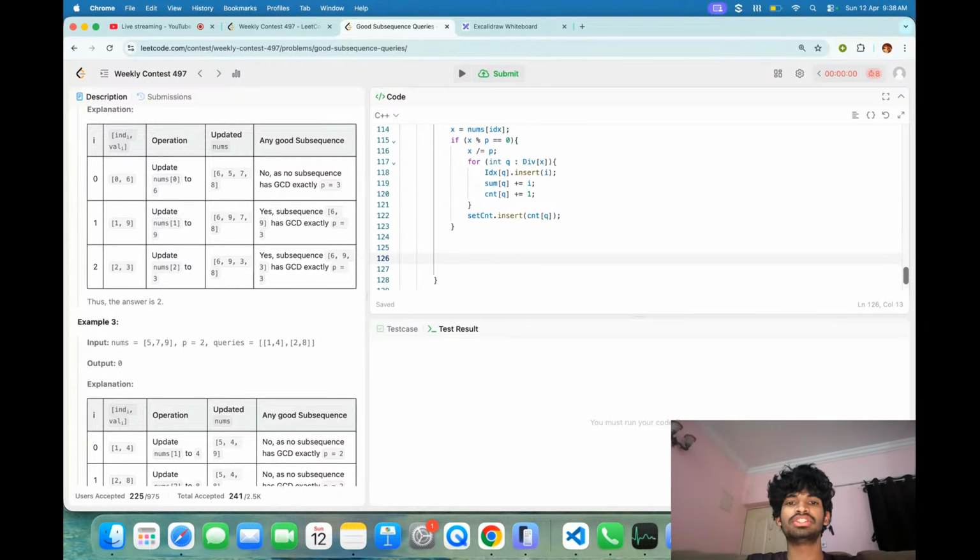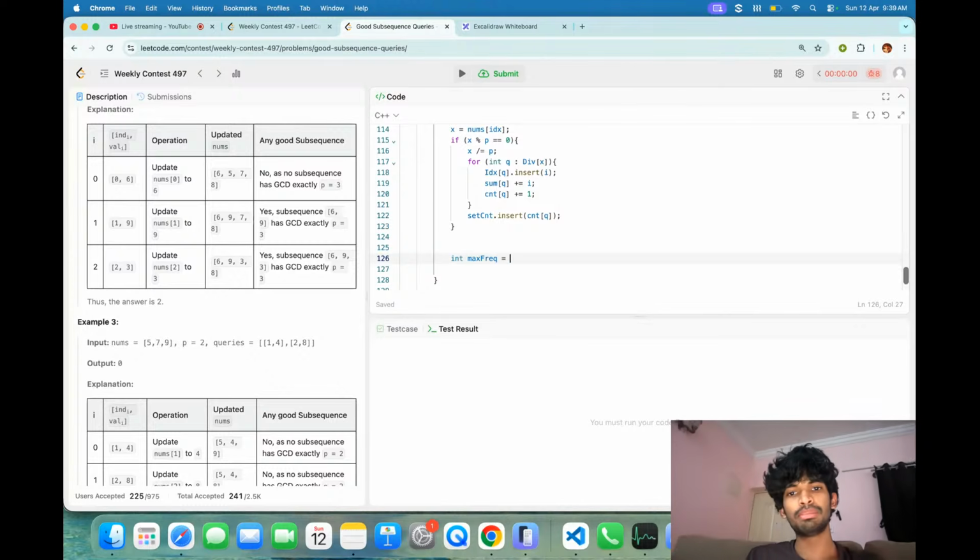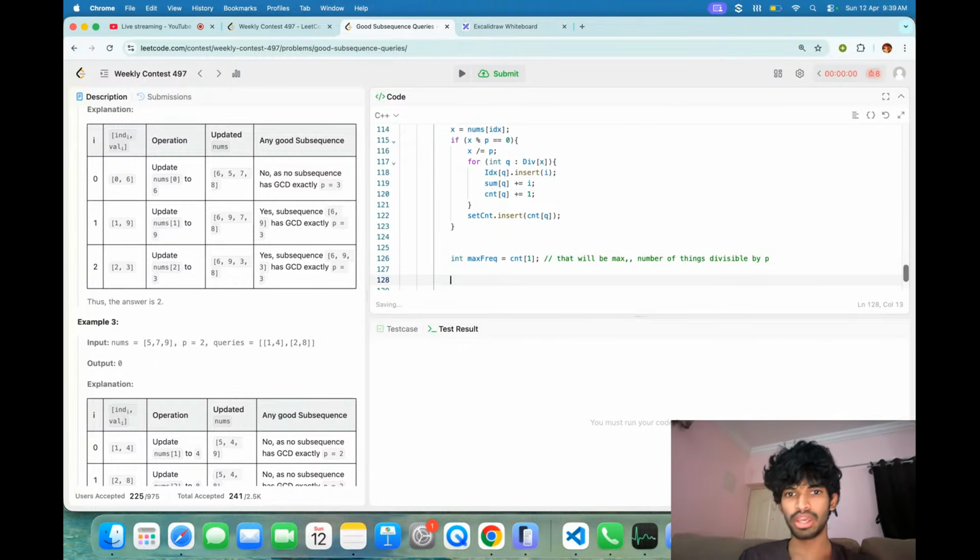Now what's the condition for GCD? Whatever the max value is, this will be the number of things that are divisible by 1. This will always be count of 1 because that will be the maximum. Number of things divisible by p, okay?